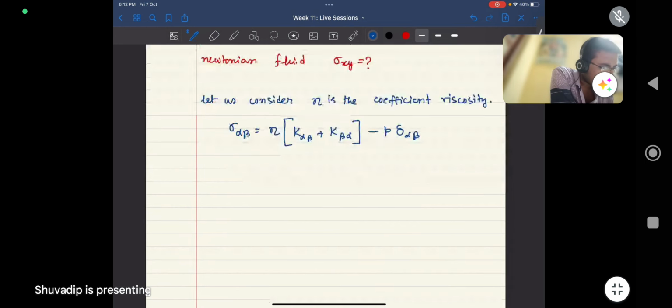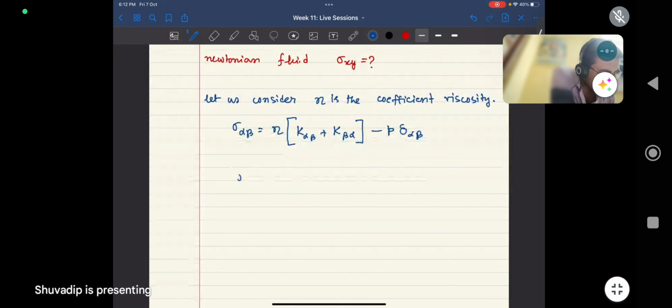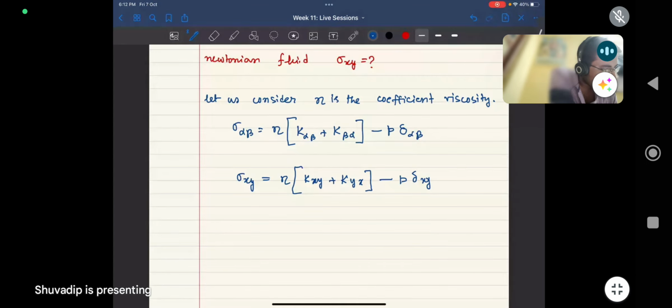We need to calculate sigma xy, so alpha is equal to x, beta is equal to y. The formula will be eta kappa xy plus kappa yx minus p delta xy.